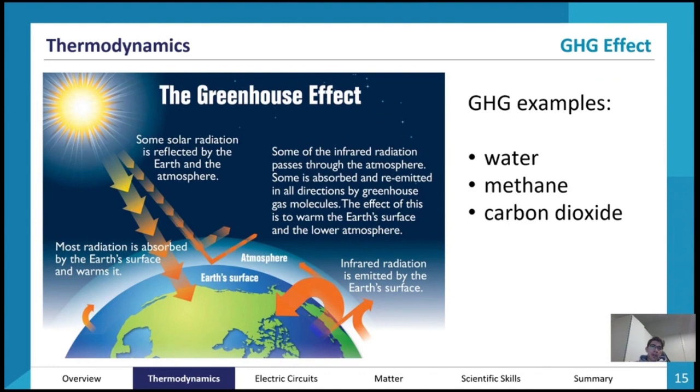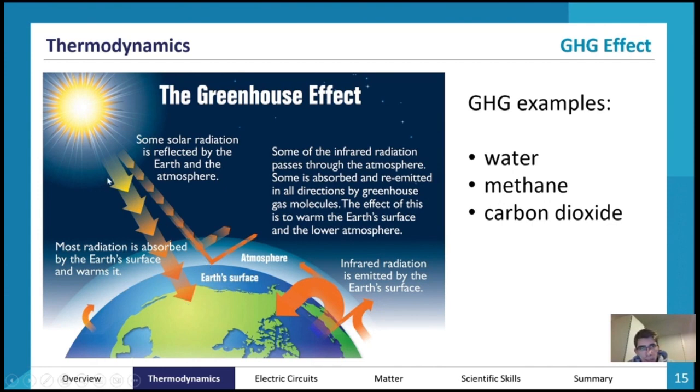The greenhouse gas effect is a very interesting one because it encapsulates everything that we have learned about thermodynamics, where essentially rays from the sun are hitting the Earth and they are reflecting back.